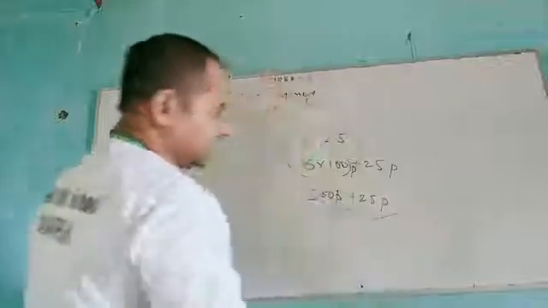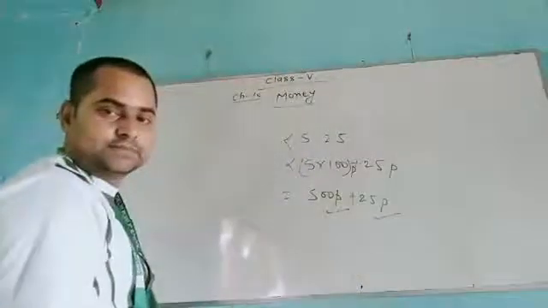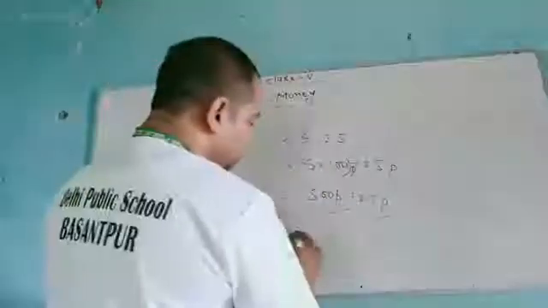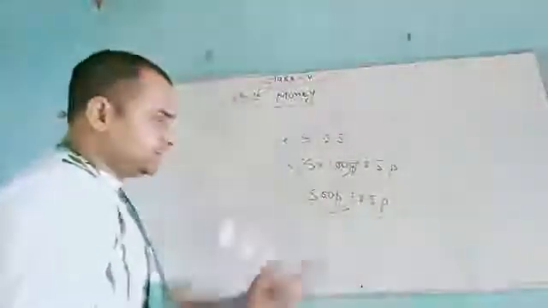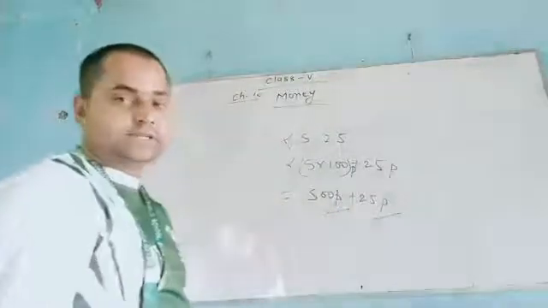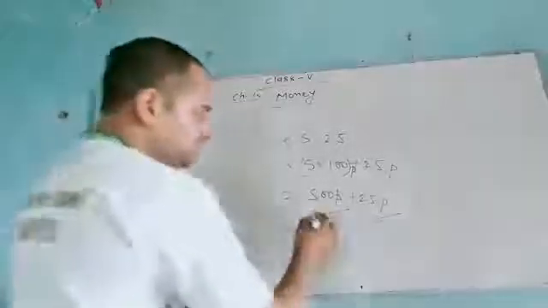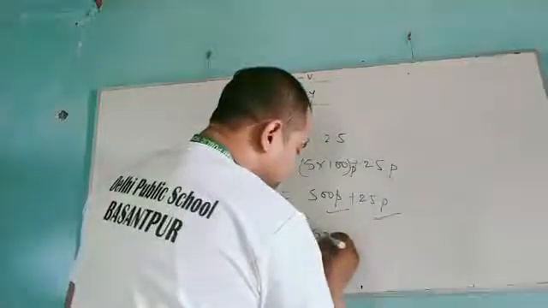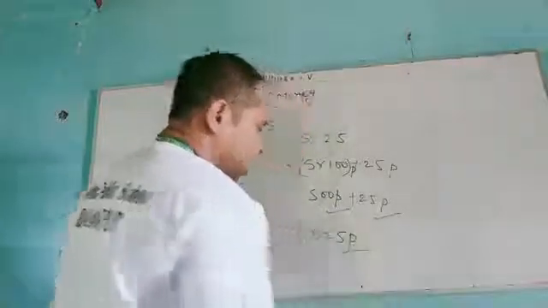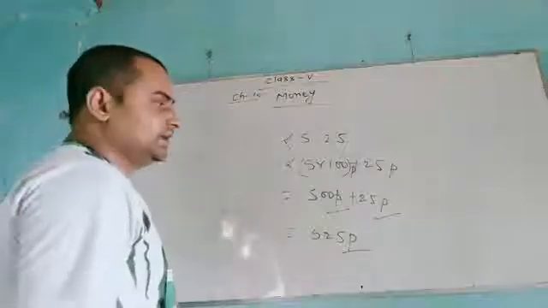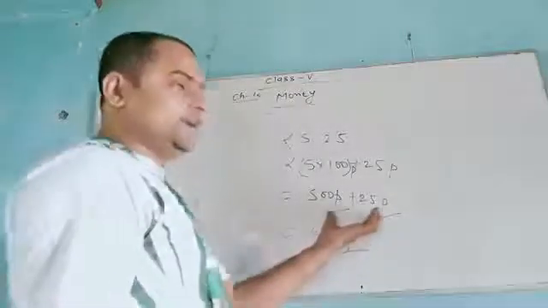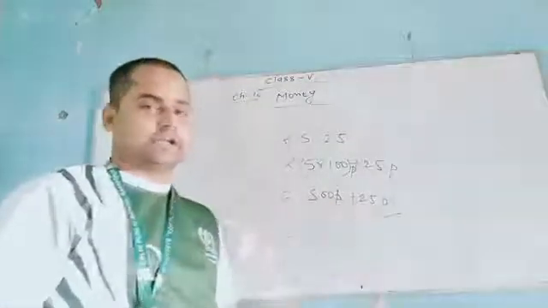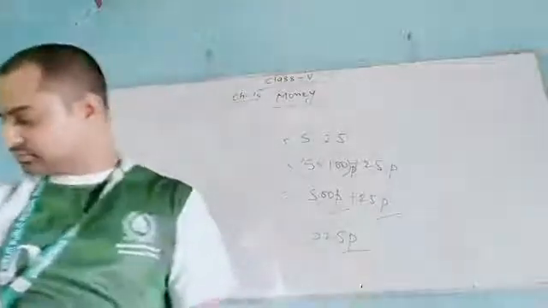This is paisa. Sign is same, so you add. Sign is not same, you don't add. Okay, students. You write 525 paise. 525 paise. Same sign, add. Different sign, you don't add. Okay, students.